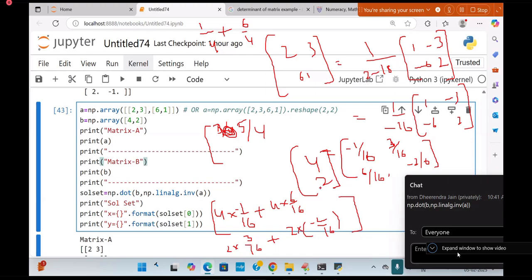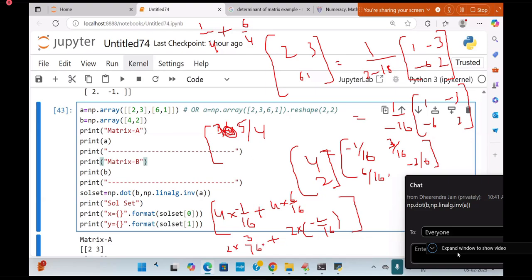Next, 2 into 3 by, and the next is 2 by 16, 1 by 8. How much is the result? 5 by 4.